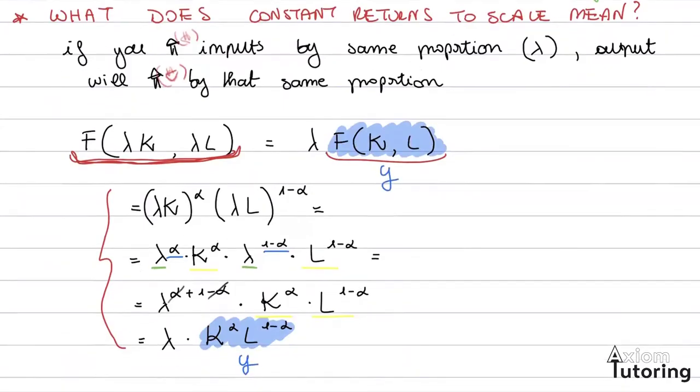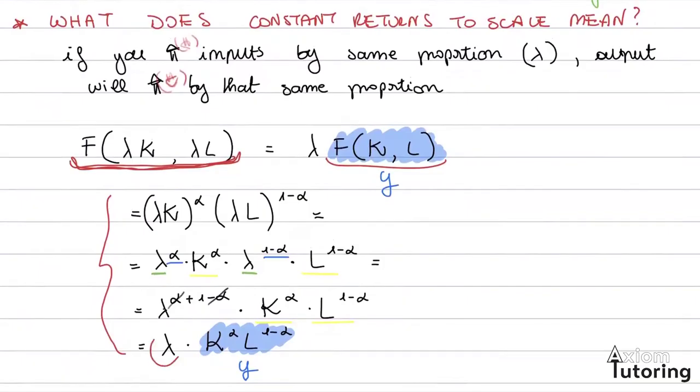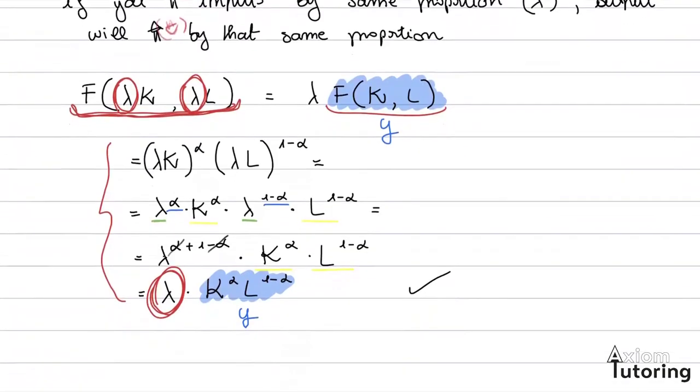This is our original Y, and we are multiplying it by the same factor that we used to scale each of the factor inputs. So we've just proved that Cobb-Douglas satisfies constant returns to scale, because this can be easily rewritten as lambda times f of K and L, which again is our original output function. It's as if we've managed to take the lambda out from the inputs, even if we scaled each of them separately.